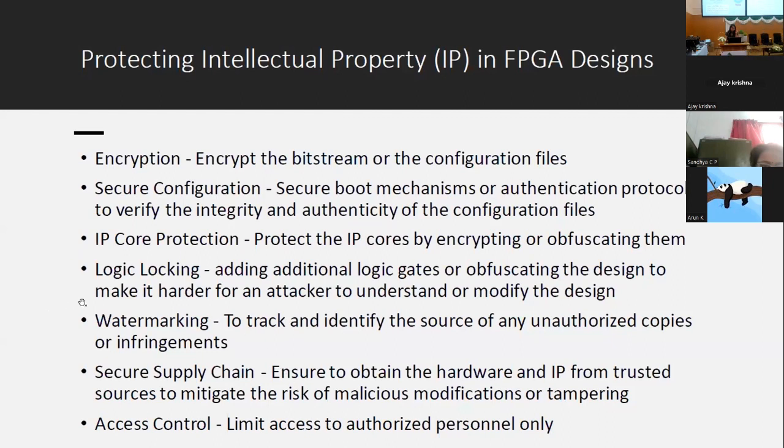Then what is this logic locking? It is a currently evolving topic in security. Encryption is used for encrypting the data. Logic locking is for encrypting the circuit. I'll just tell about it because it is very important.